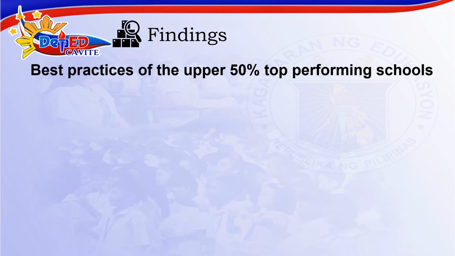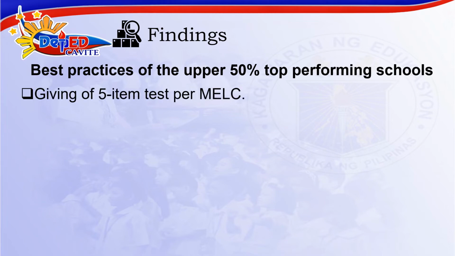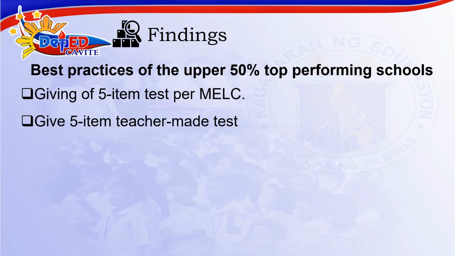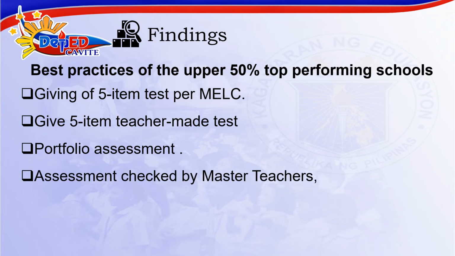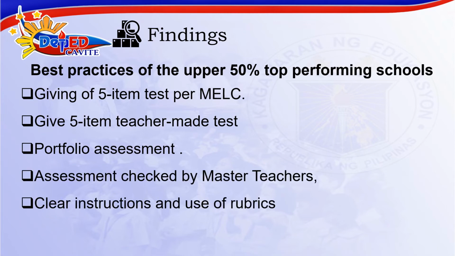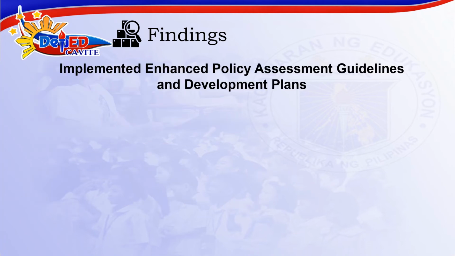As for the best practices of the upper 50% top performing schools, first we have giving of a 5-item test per MELC: 5-item teacher-made test, portfolio assessment, assessment checked by master teachers, clear instructions and use of rubrics.